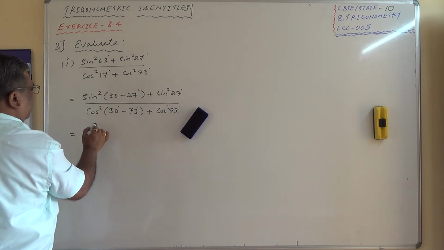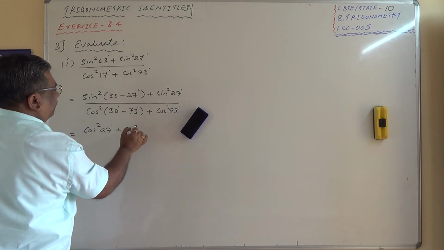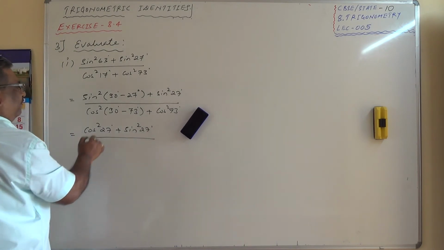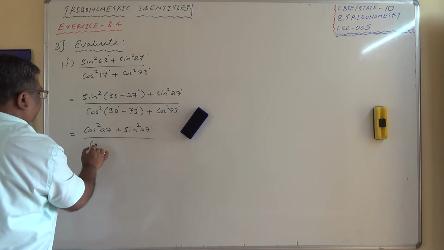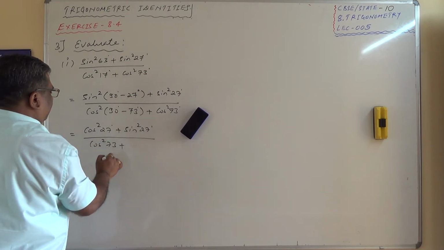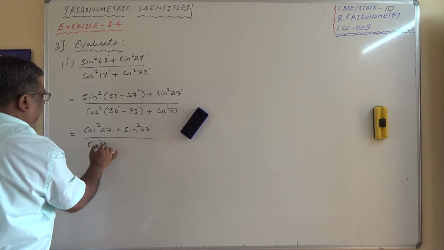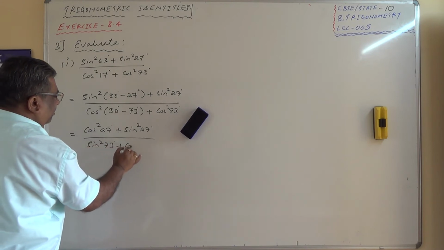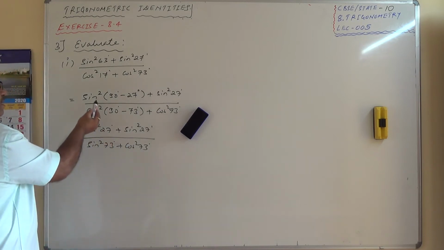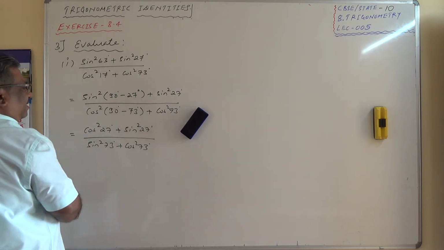So cos square 27 degrees plus sin square 27 degrees divided by, not cos square, sin square 73 degrees, plus cos square 73 degrees, because sin 90 minus theta equals cos theta, cos 90 minus theta equals sin theta.